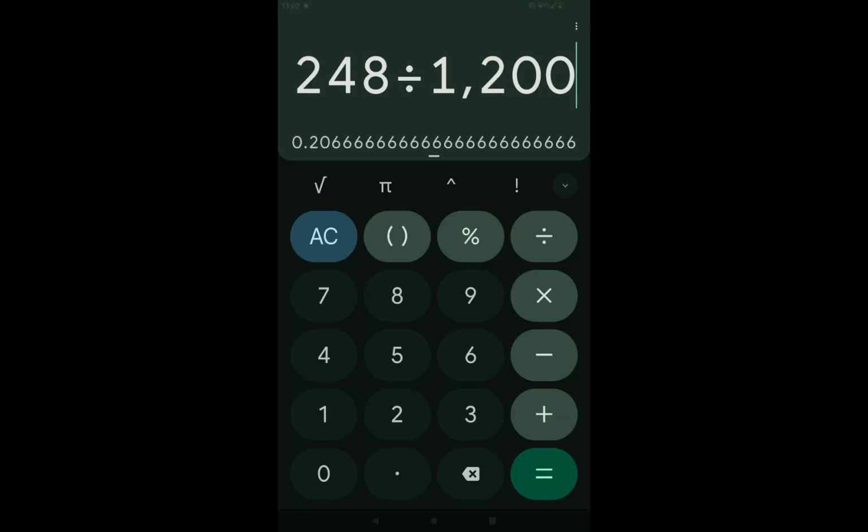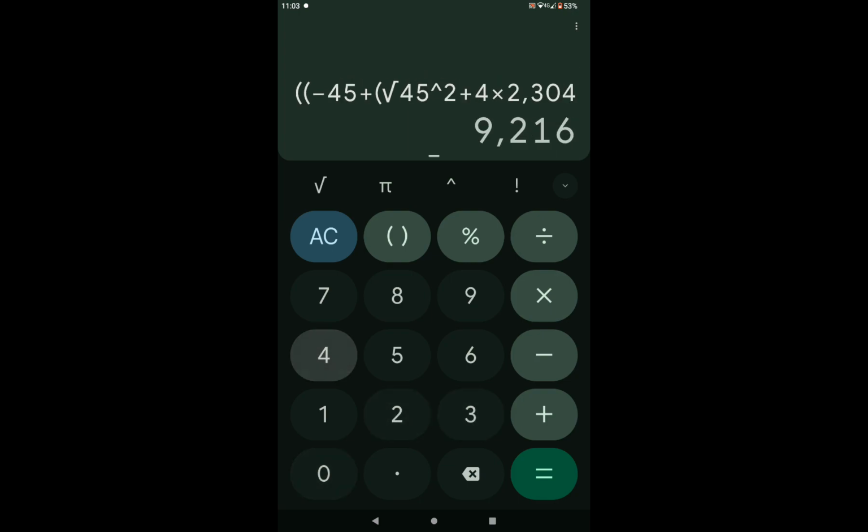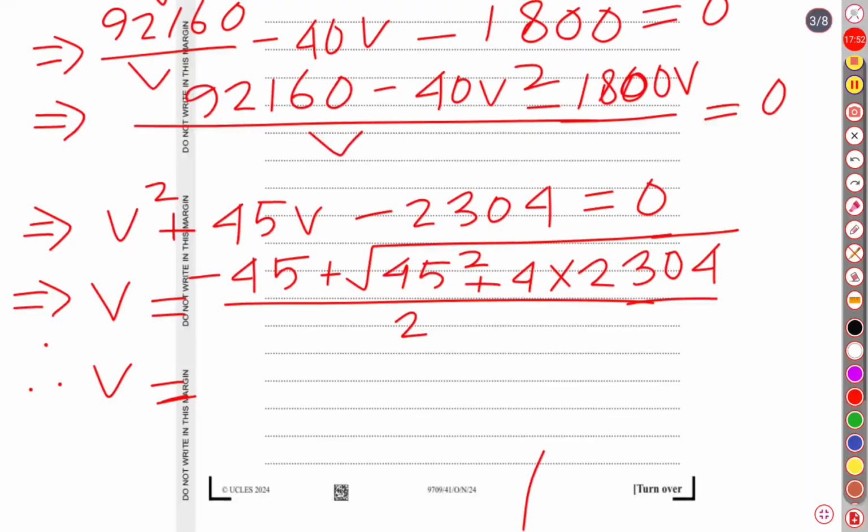So negative 45, negative 45, and the result is 30.5, equal to 30.5 meters per second, which is our final answer.